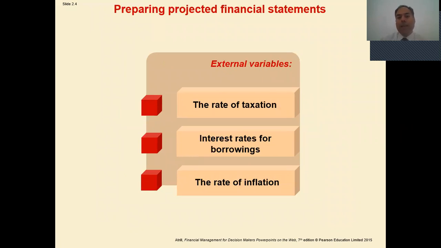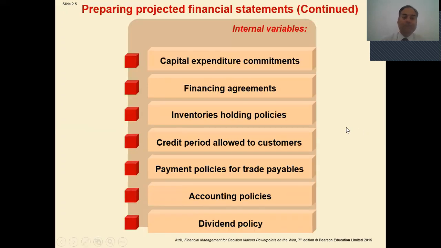Preparing projected financial statements. So looking at the external variables, the rate of taxation will have impact. Interest rates for borrowings and the rate of inflation will all have impacts on our projected statements. Obviously, for the coming 12 months, the impact of inflation may not be so significant, but if we're projecting from, say, maybe years 2 to 5, then inflation will definitely have an impact.